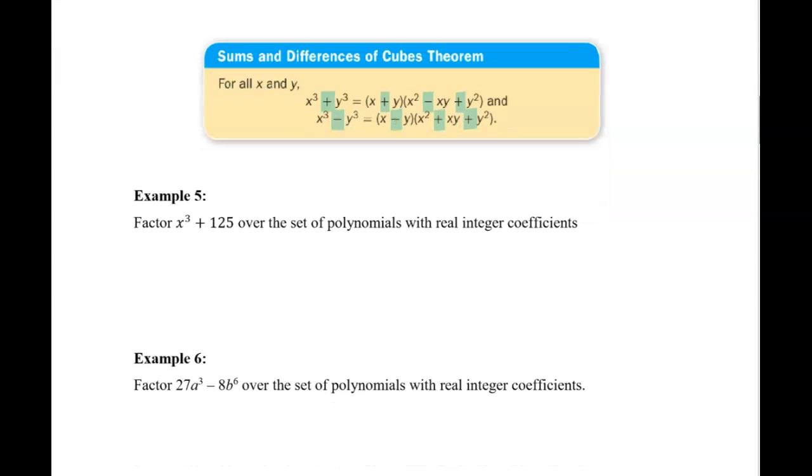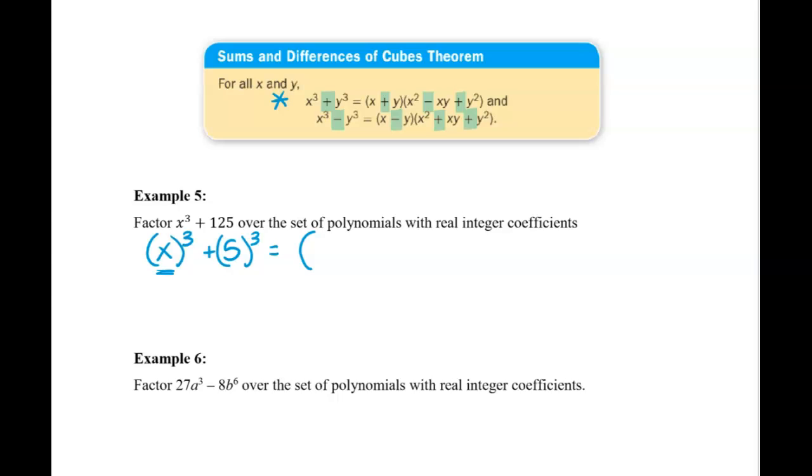So x cubed plus 125. First of all, we can write this as x cubed plus 5 cubed. Then if you look up above at the one with plus, it's going to be first term plus second term. I'm going to talk about the x's and the y's as the first and the second term.